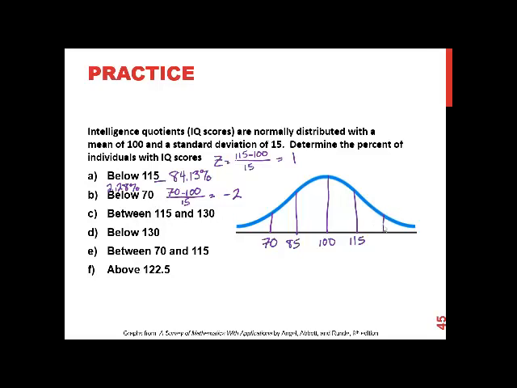What about between 115 and 130? We've already determined that 115 has a z-score of 1. We can quickly notice that 130 has a z-score of 2. So we'll take our z-score of 2 and subtract the z-score of 1.